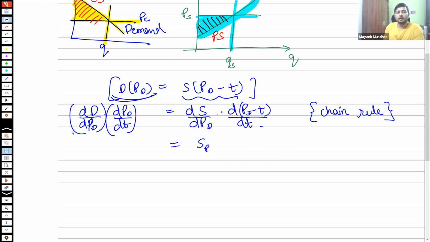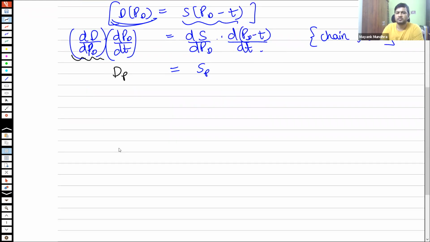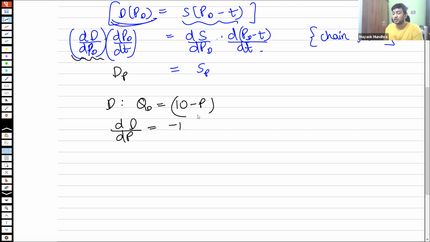Now, the differentiation of the demand function with respect to PD is my D'(P) function. What does it mean? Suppose your demand function is quantity demanded equals 10 minus P. Then dD by dP is basically equal to -1.